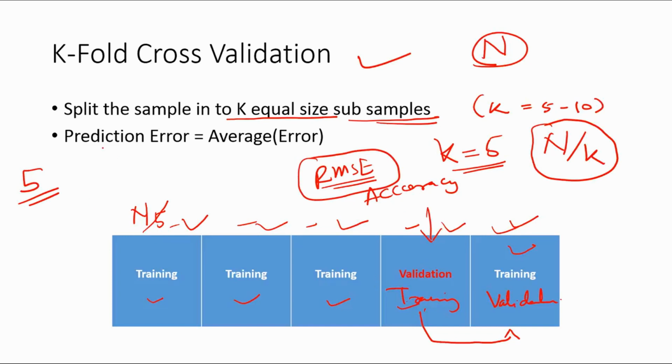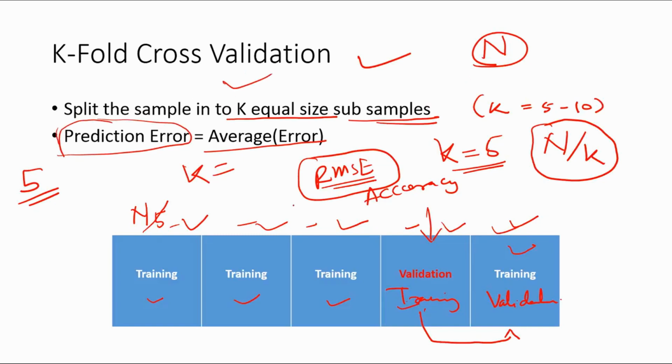The prediction error would be just the average of the errors you get for each validation set. If I have k validations, you will get k errors, and you divide the sum by k to get the average error, which is your prediction error. That's called Kfold cross validation.